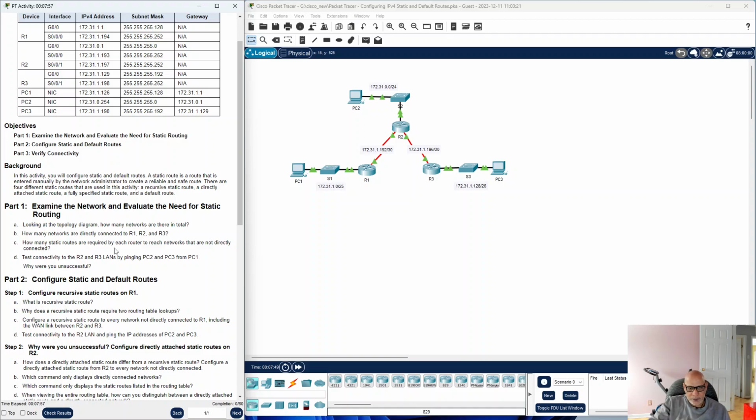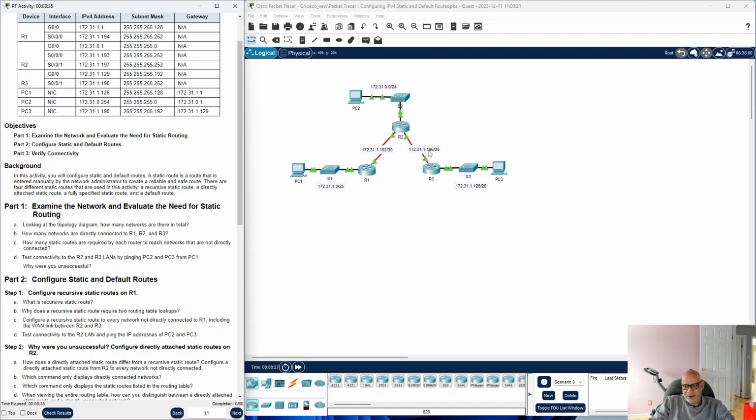Now, how many static routes are required by each router to reach networks that are not directly connected? Let's see. R1 is not directly connected to which network? It's not directly connected to 31.0. The second network not directly connected to R1 is this one, 31.1.96.